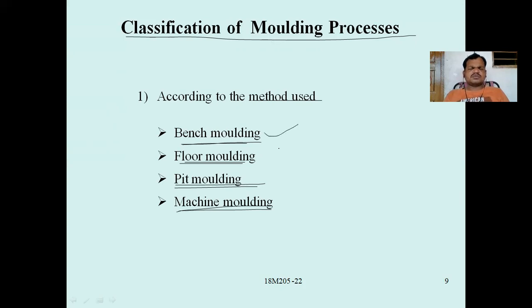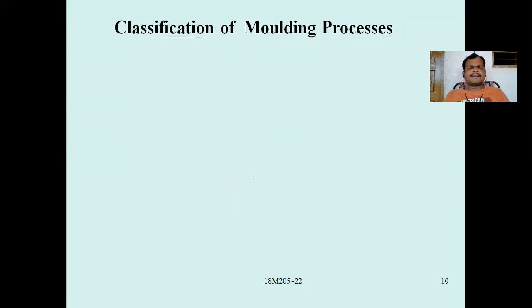First one is bench molding, second is floor molding, third is pit molding, and fourth is machine molding.